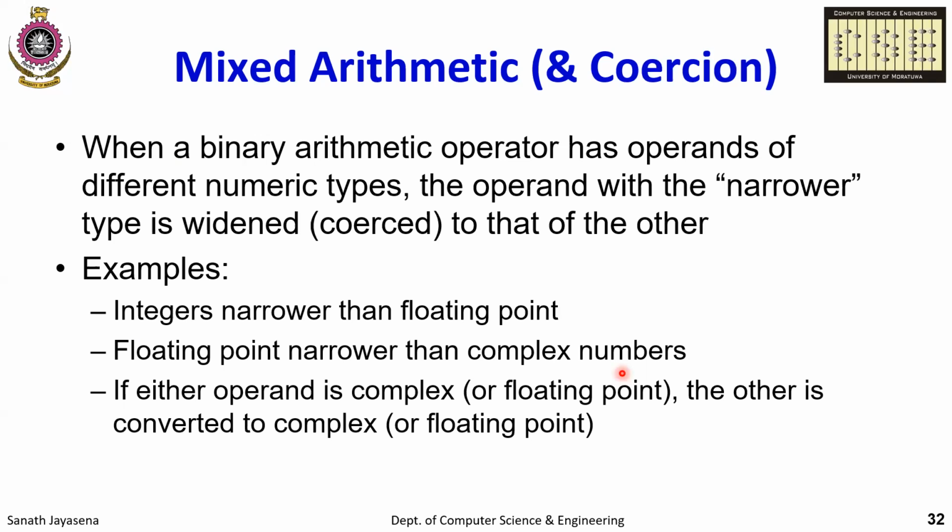It means you are forcefully converting the narrower type to the wider type. For example, if you are performing a binary arithmetic operation with an integer and a floating point number, the narrower one, the integer, will be converted to a floating point, right?